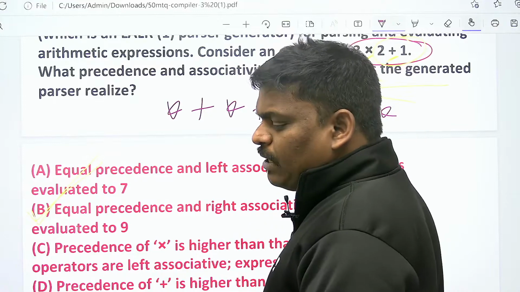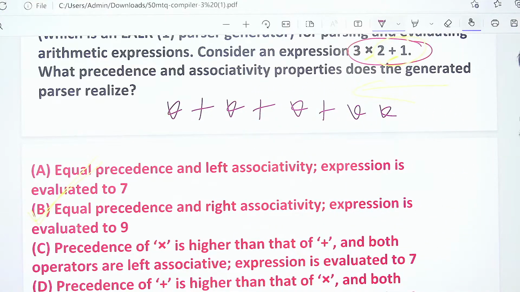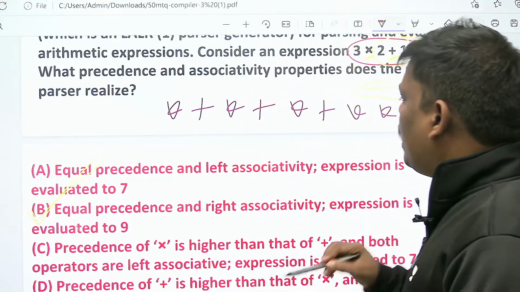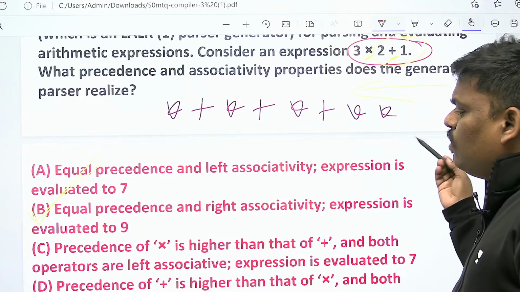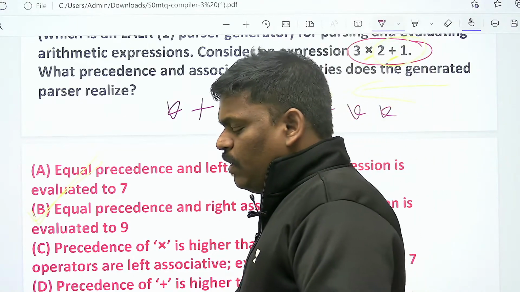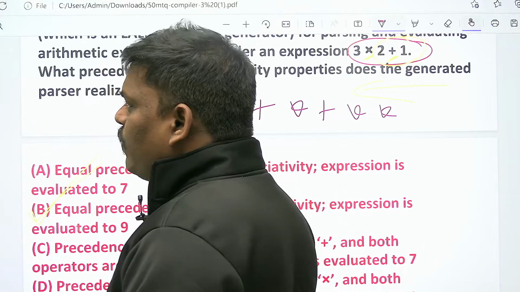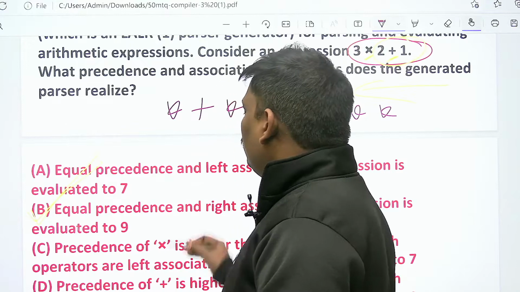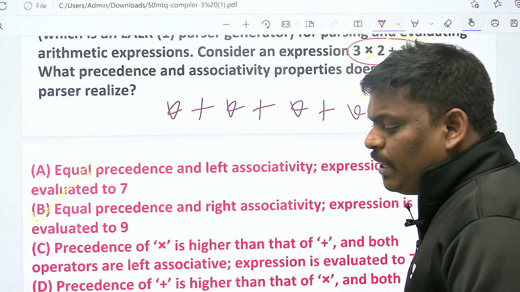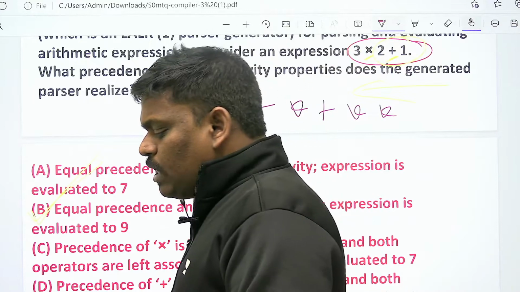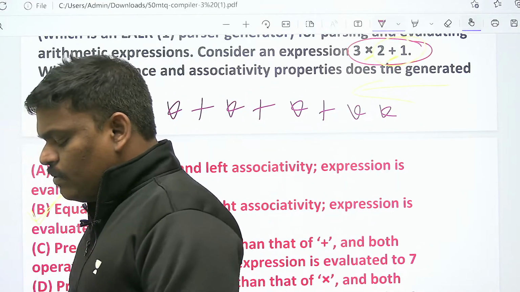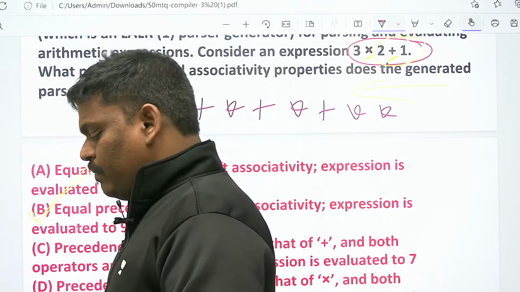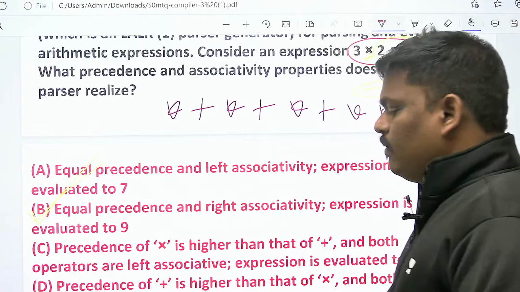If I give that grammar to the Yacc tool, in these operators, which operator will be done first? Which is the highest priority?